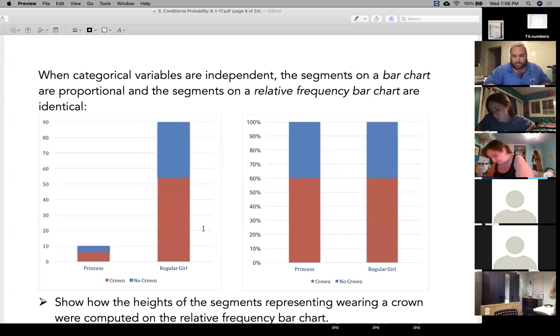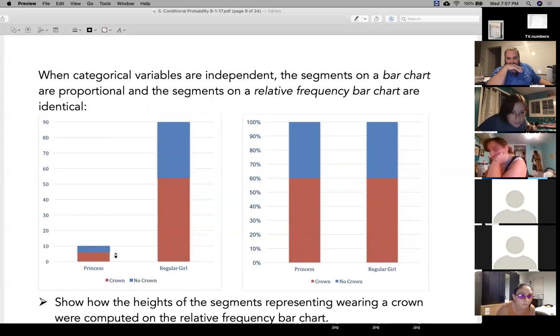Now, when the categorical variables actually are independent, like this example that we just showed, this kingdom, then you'll notice that the segments on a bar chart are proportional. What do I mean by that? How many princesses were there on the previous slide? 10. Of those 10, how many wore crowns? 6, which is why 60% of this bar from 0 to 10 is shaded red.